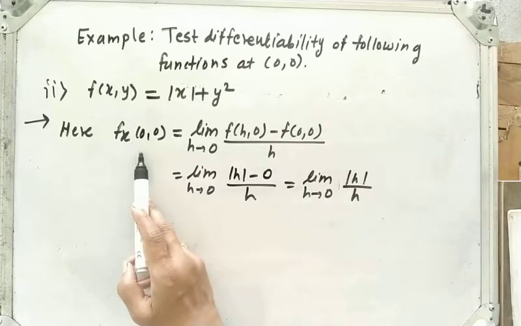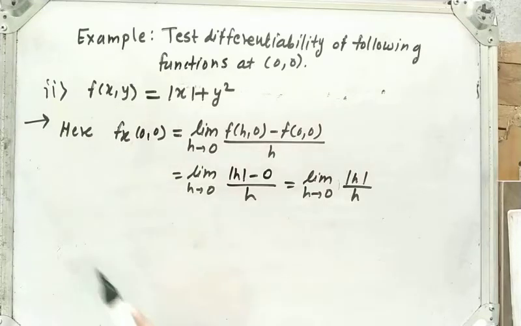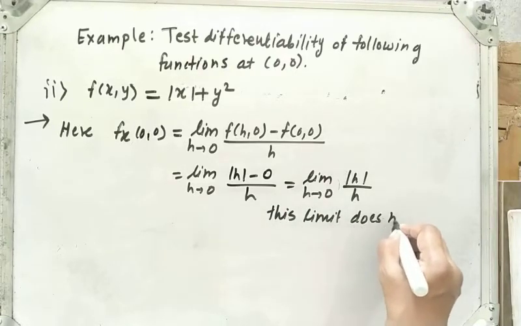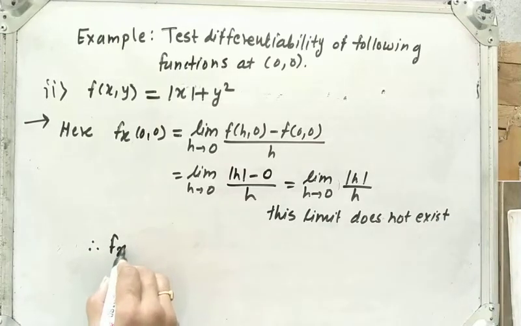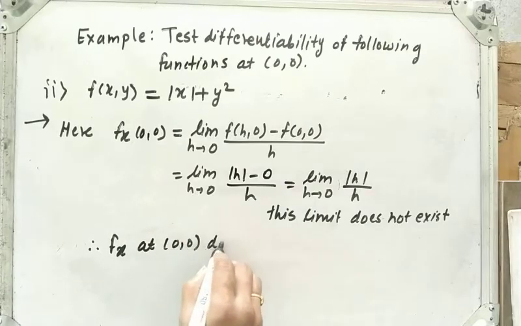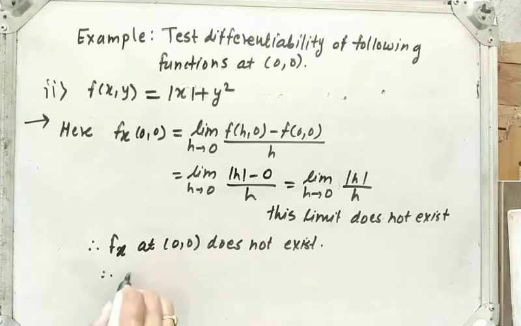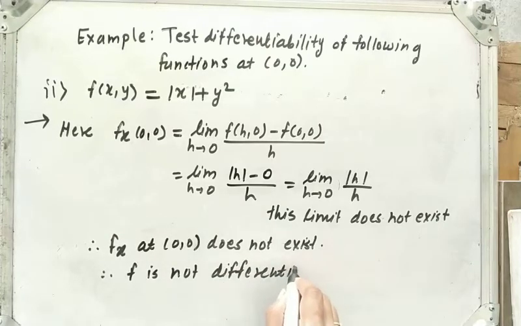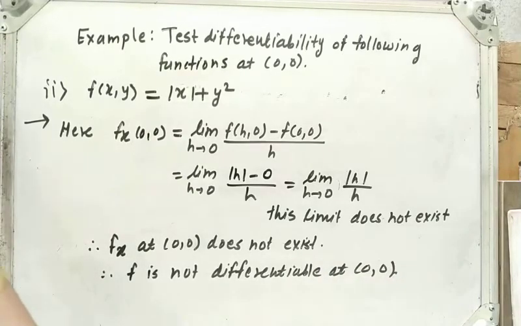Means first order partial derivative does not exist. Therefore fx at (0, 0) does not exist, and we can say f is not differentiable at (0, 0). Now let us take the third example.